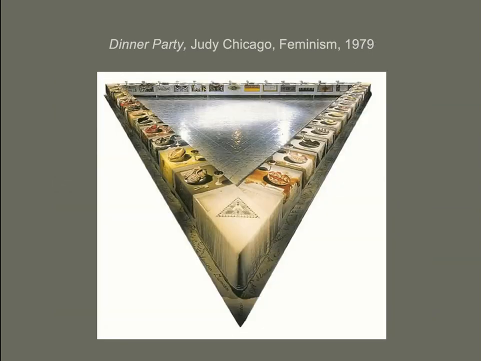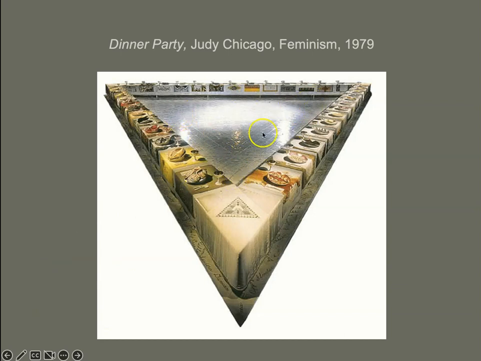And then lastly, I just wanted to tie all these together with Dinner Party by Judy Chicago from 1979. In it, she's using metal, clay, and fiber to create an installation art sculpture piece. You can see the clay being used in the place settings as well as all the tile on the inside.